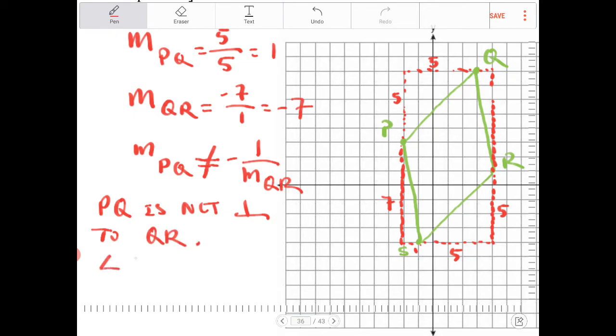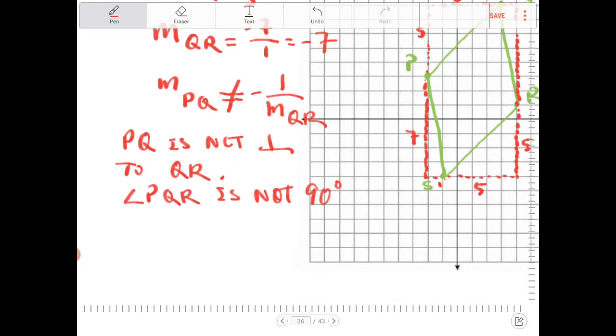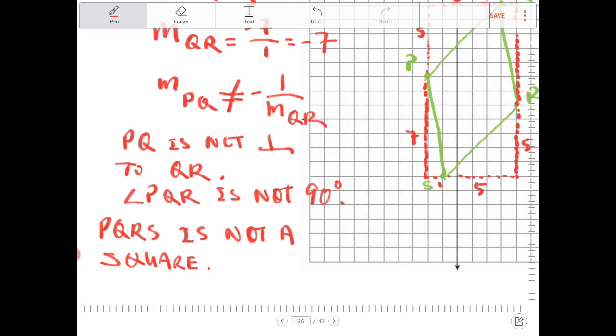Angle PQR is not 90 degrees. PQRS is not a square as a result.